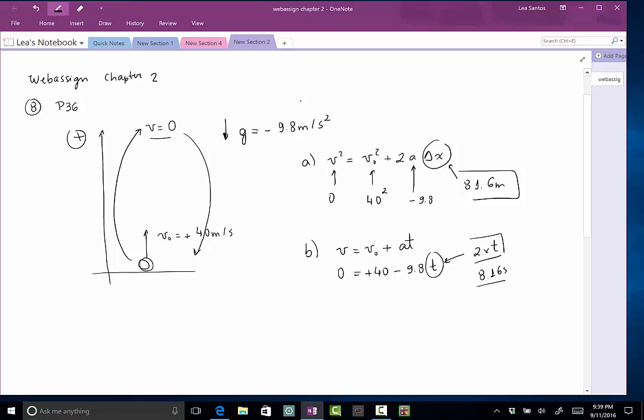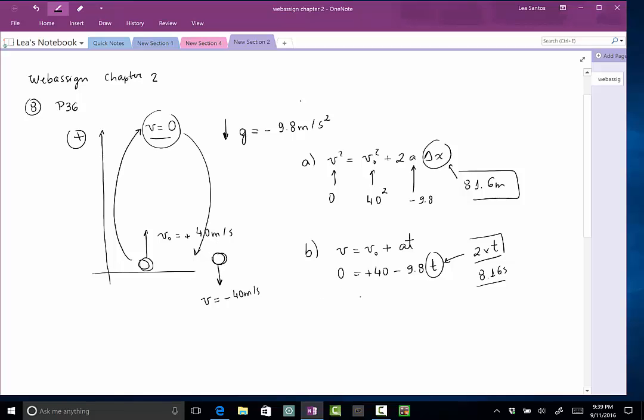The other possibility is, well, it goes up, reaches 0, and it comes back. And once it hits the ground, the velocity is now pointing down, and this velocity is going to be minus 40 meters per second. It's the same magnitude as the initial velocity, it just has opposite direction.